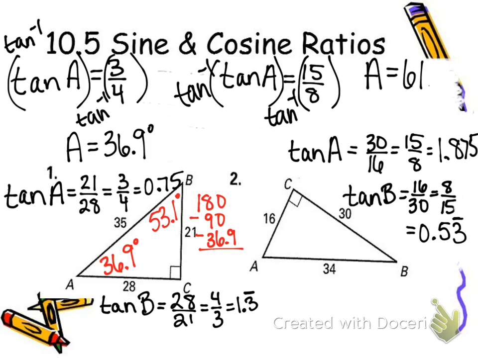Good, 61.9 degrees. So that's for angle A. And then in order to find angle B, either you can use inverse tangent again with your tangent B, or you can just subtract from 180. Keon? 28.1 degrees for angle B.